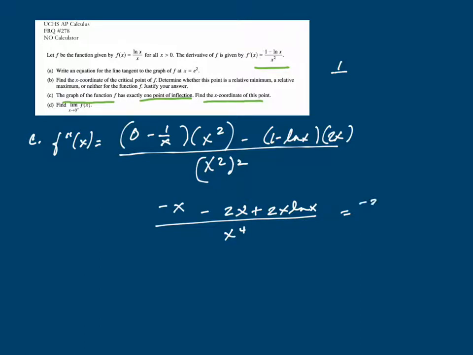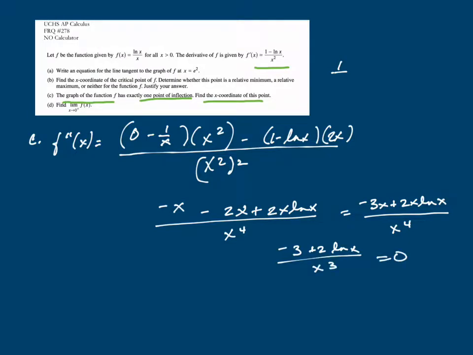It's negative 3x plus 2x ln x over x to the 4th. Divide each thing by x to the 4th, I get negative 3 plus 2 ln x over x cubed. And I set that equal to 0.